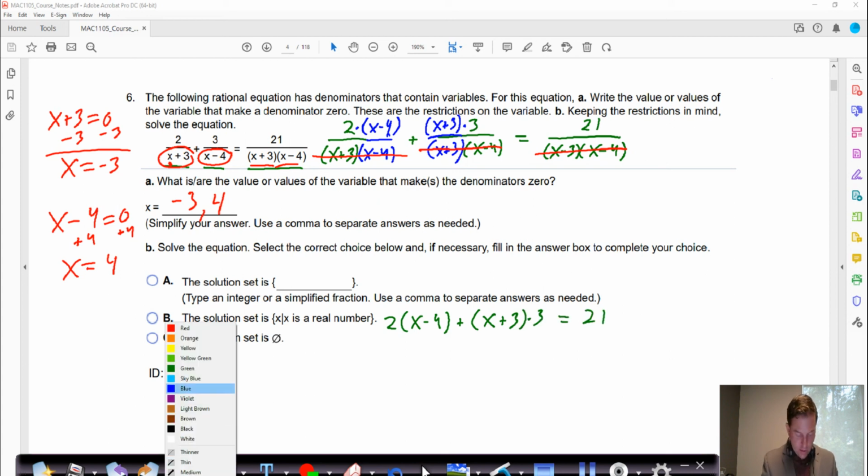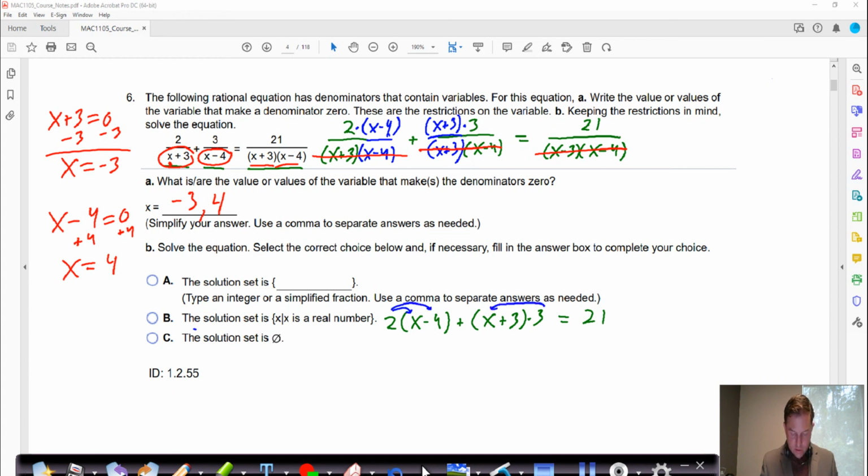And now this is where we need the distributive rule again, so that 2 is going to distribute into both. This 3 is going to distribute into both. So we get 2 times x is 2x, minus 2 times 4 is 8, plus 3 times x is 3x, plus 3 times 3 is 9 equals 21.